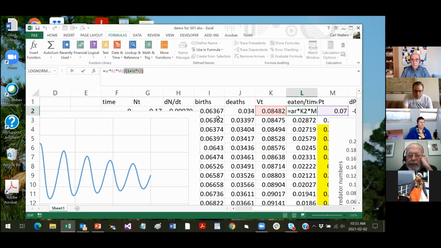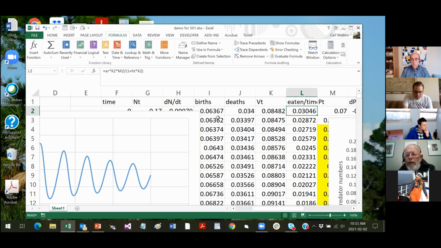And then the type 4 effect, which occurs in some systems that Holling studied, as you increase prey numbers, the total number of prey eaten actually goes down. The number eaten per predator actually goes down. And there's a number of mechanisms that can cause that. One of them is prey interfering with the predator's search behavior.